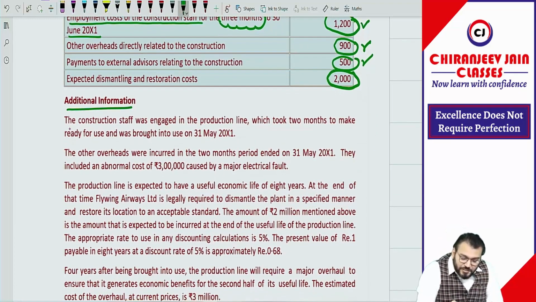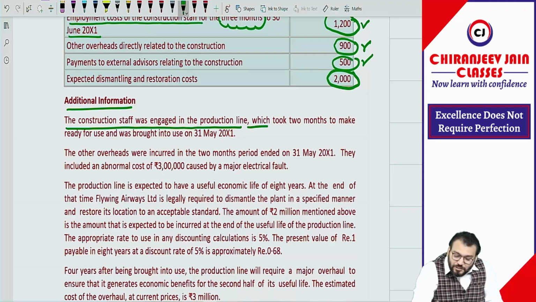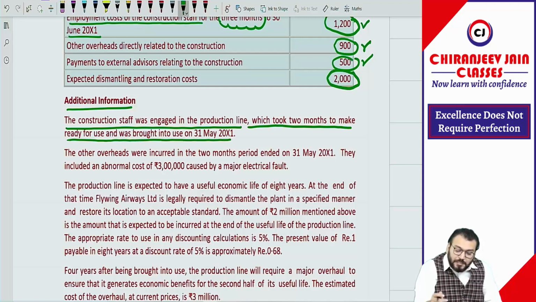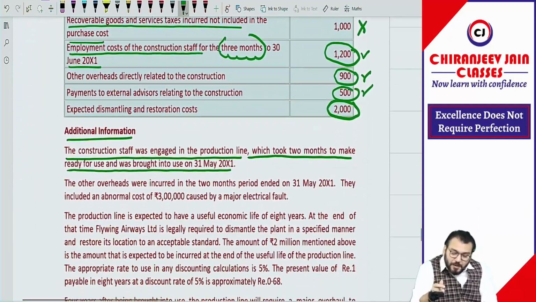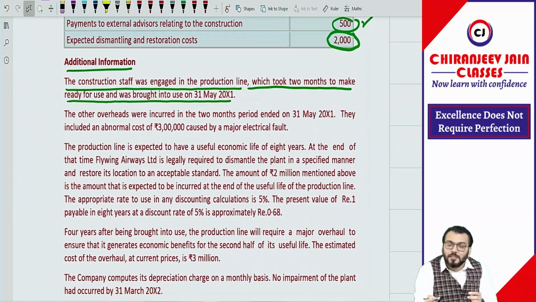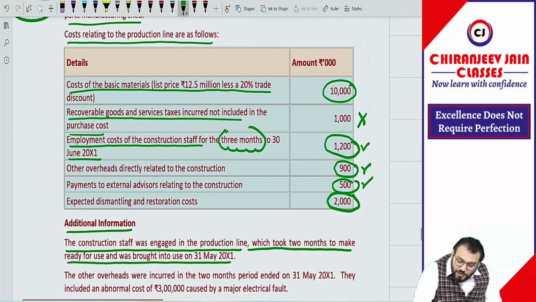Additional information: the construction staff was engaged in the production line, which took 2 months to make ready for use and brought into use on 31st May 2001. Ready for use and brought into use is the same date. It started on 1st April, so April and May, that is 2 months. So the 3 months will not be taken, it will take 2 months.